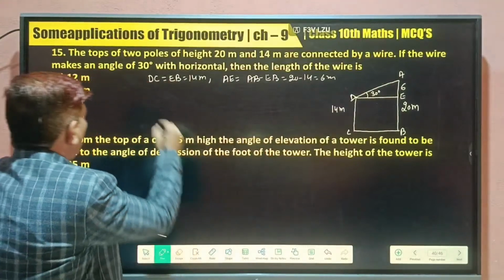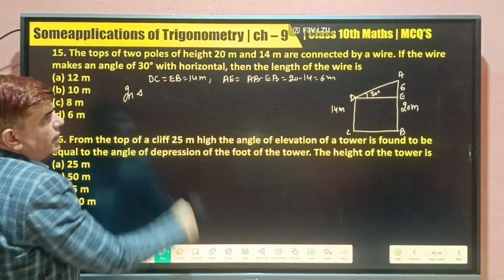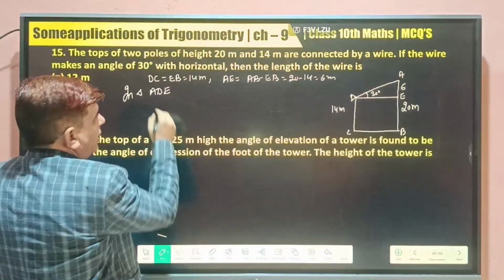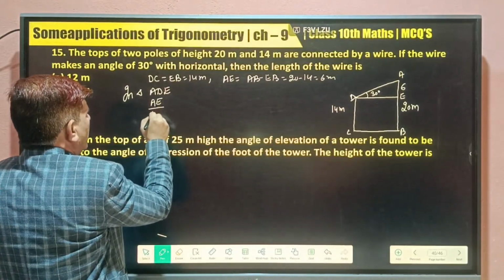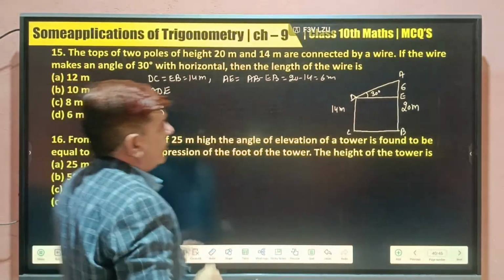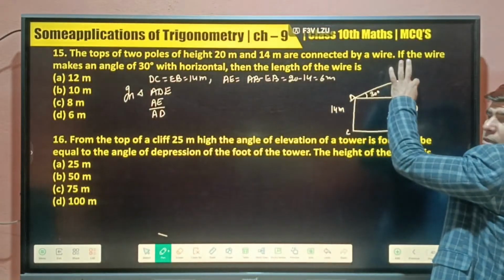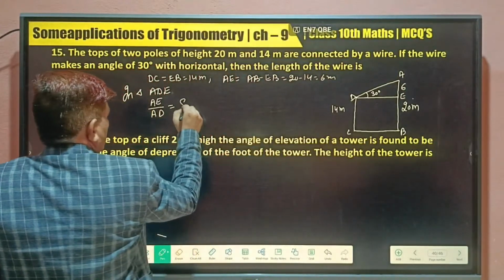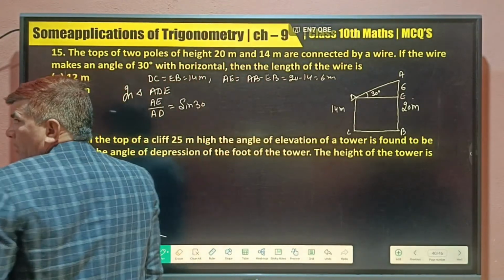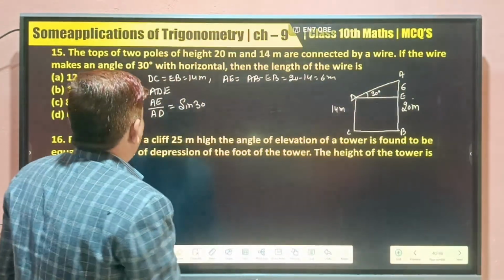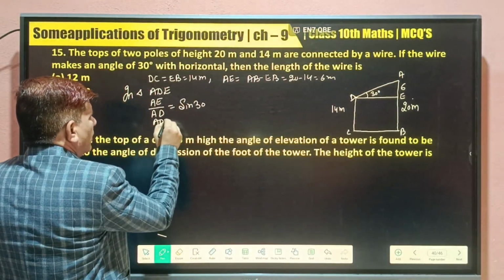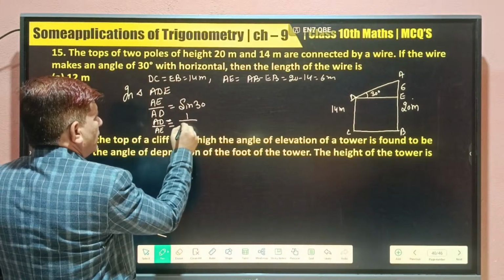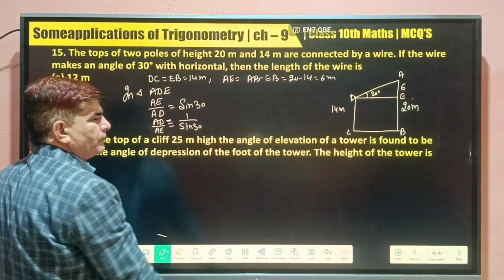So find out in triangle, in which triangle? ADE. AE by AD, perpendicular by hypotenuse, sin 30. But what we have to find out? AD. So AD by AE equal to 1 by sin 30.